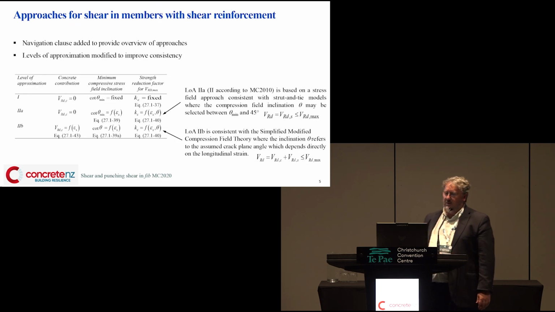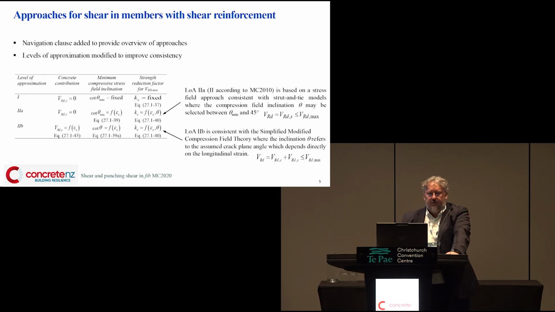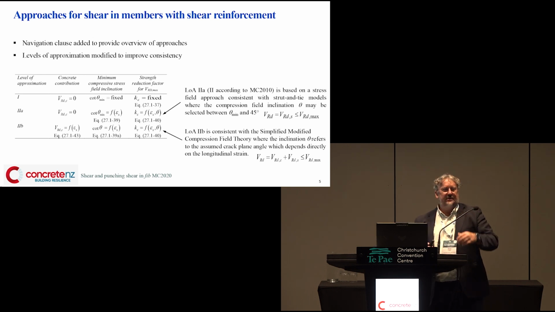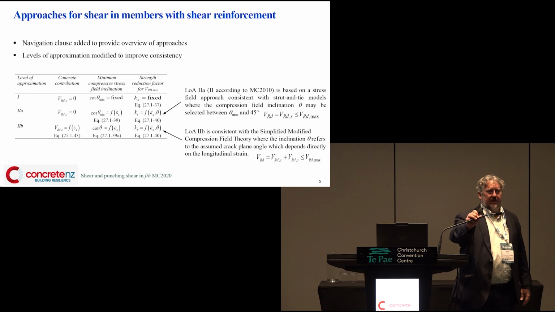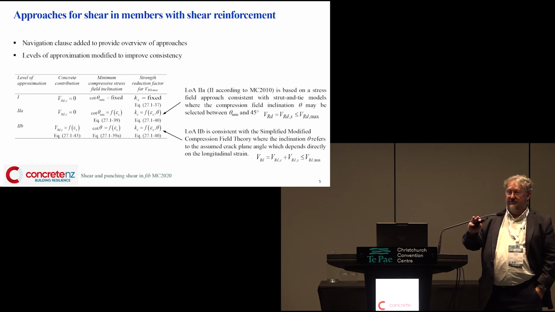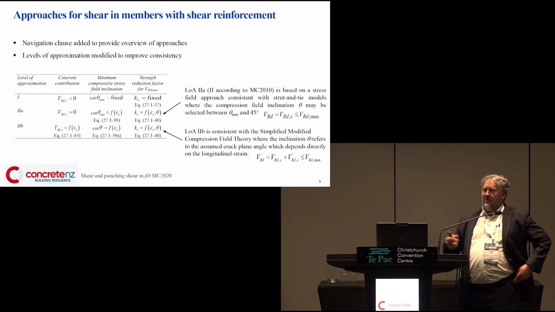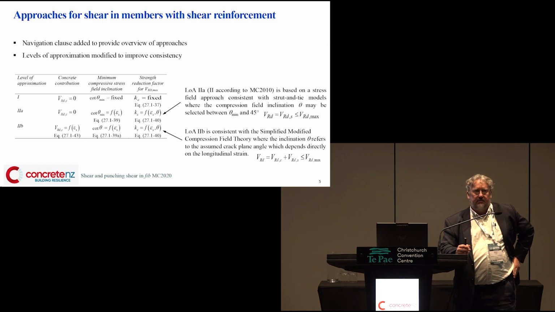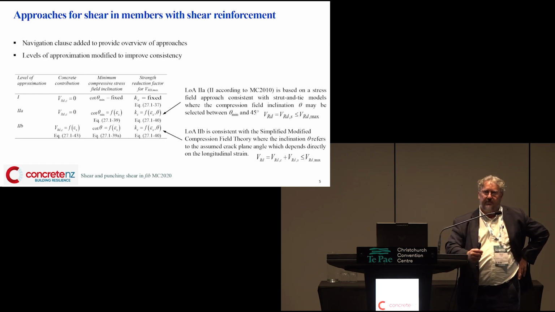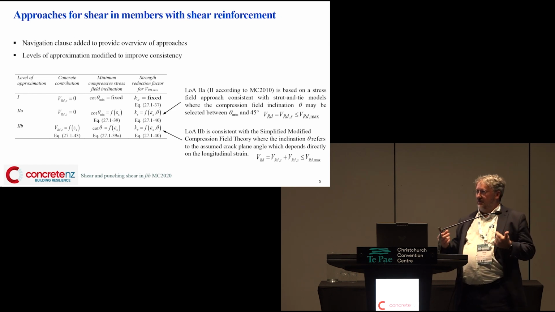So again, we have these three or four methods of approximation, but we have a hangover, these two Level 2 approximations. This is because when you're, again, looking at committees and consensus, different people have different views. One of the models, if you look back to Model Code 1990, for example, is all based around plasticity models.